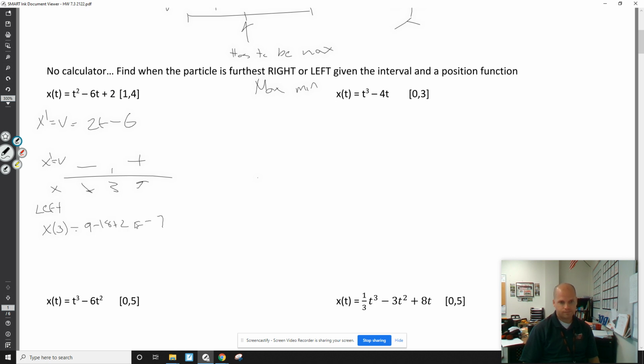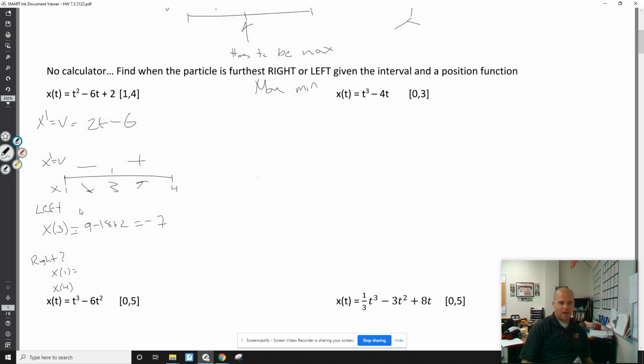negative 7. Now, when am I furthest right? Well, you could think, oh, between 1 and 3, that's more than between 3 and 4, but you've got to be careful. It's not safe to do that. Just go ahead and compare. It's either going to be at the start or at the end.